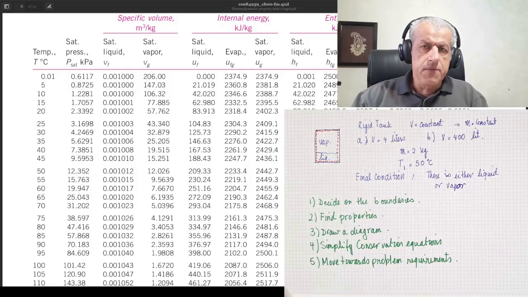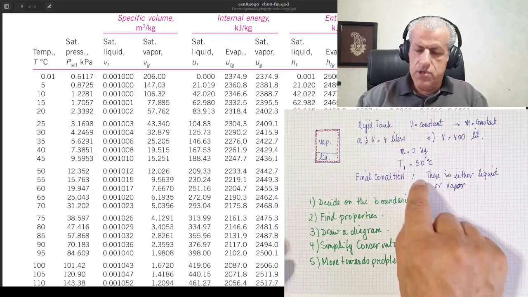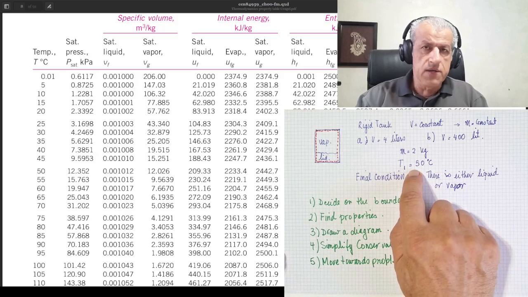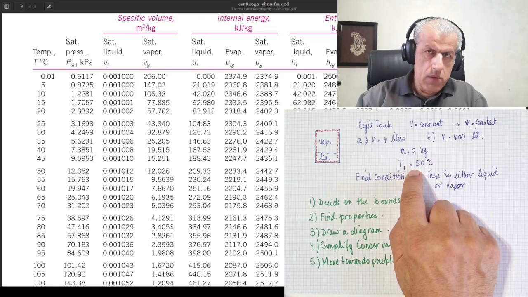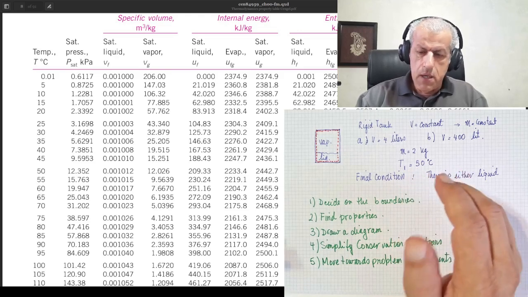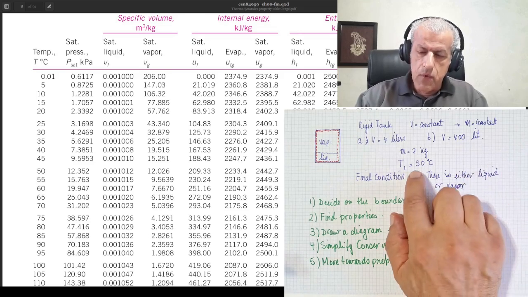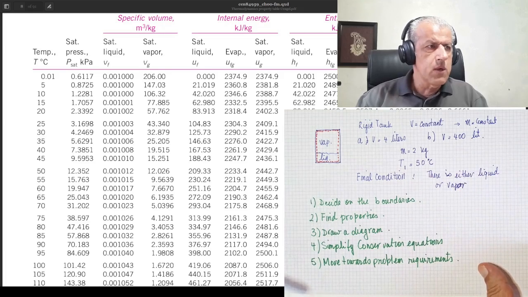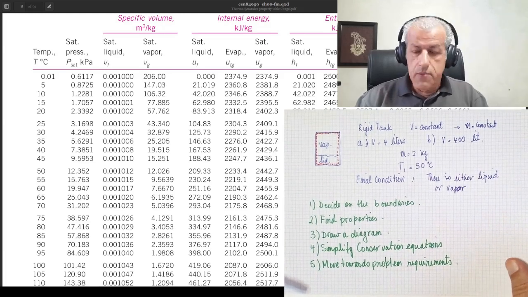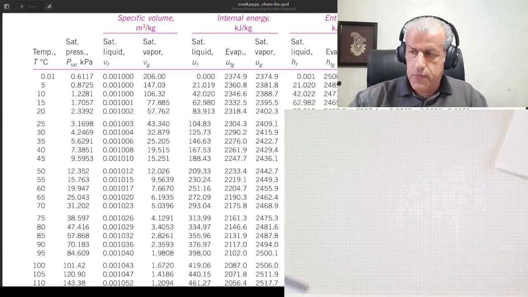Well, the next step is properties, and what we are told is that the initial temperature is 50 degrees C. So what we do is that we go to saturation tables for water, since the problem is of water. We go to saturation tables for water and find water properties.